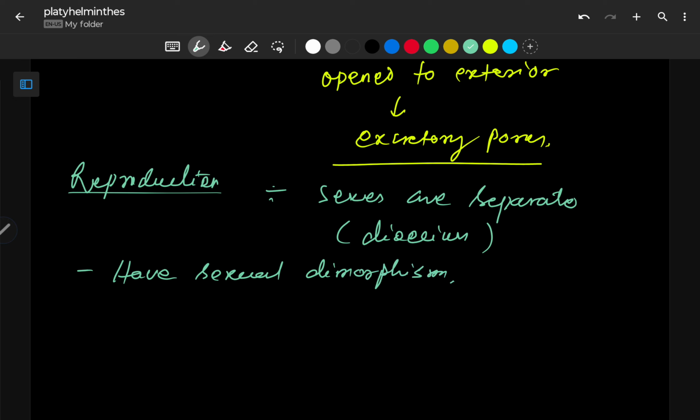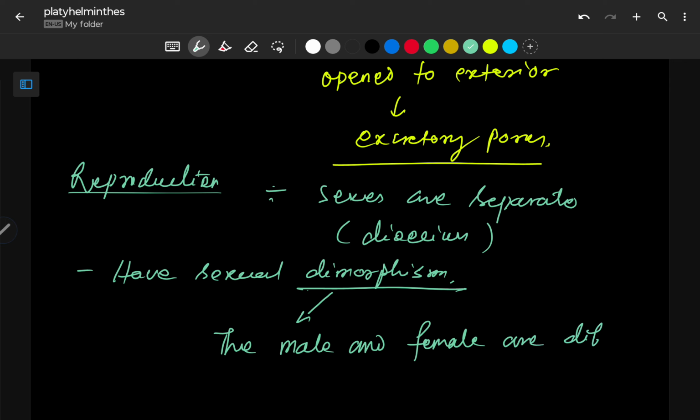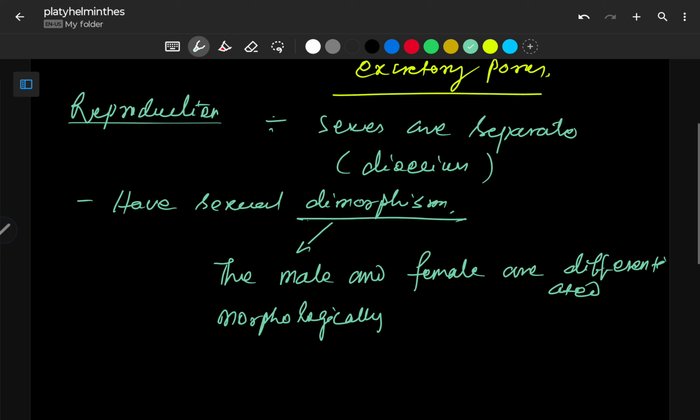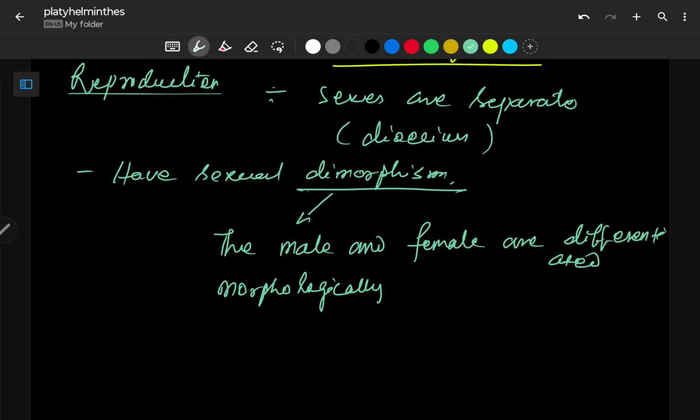What does it mean? It means the male and female are differentiated morphologically. So by observing the morphological features, you can see which one is male and which one is female.